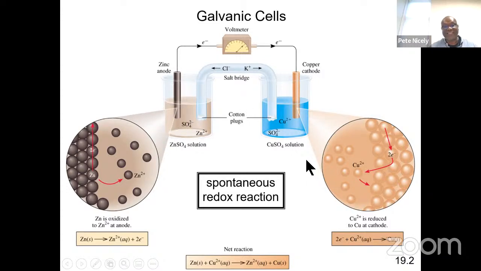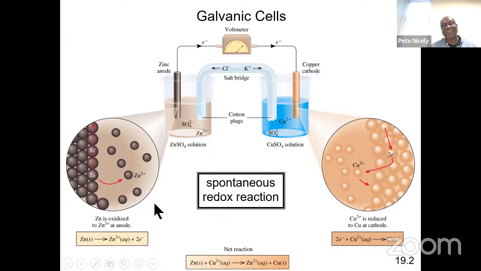Now, on the right side, the copper 2 plus is undergoing reduction by gaining 2 electrons to form copper. So the electrons that are entering the external circuit will encounter the copper 2 plus here, reducing the copper 2 plus according to this equation, and as a result, copper solid is formed, right?